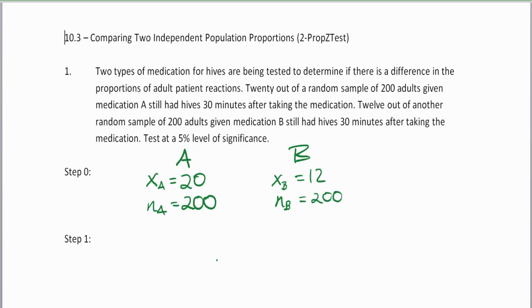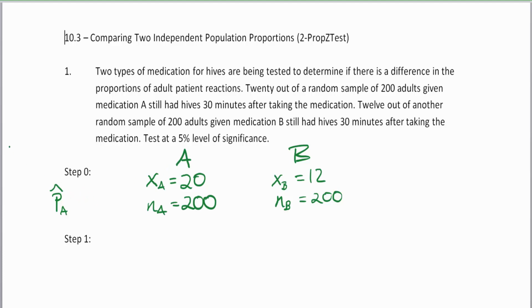So what you're not really seeing in this is the actual percentage. So what I'm going to do is find this P hat of A. Now, P hat is our percent chance if you took medication A that it wouldn't have any effect after a while.